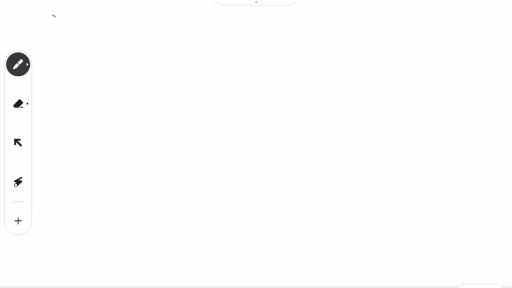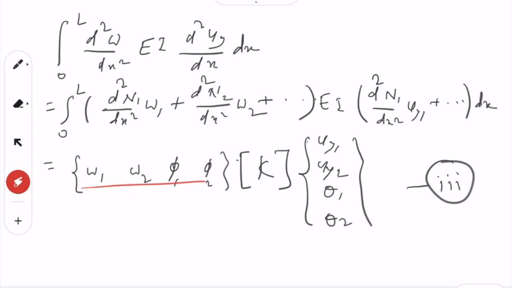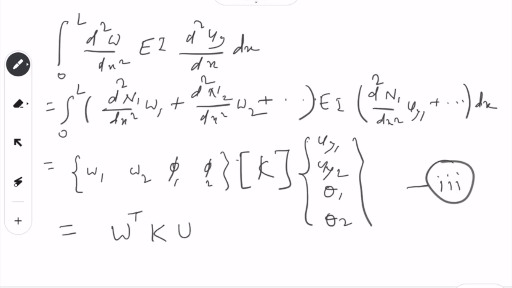Combining 1 plus 2 plus 3, what will we get? We will get this. So we have this multiplied to all of it. So we can say this is w transpose, this is the k matrix, and this is u transpose.